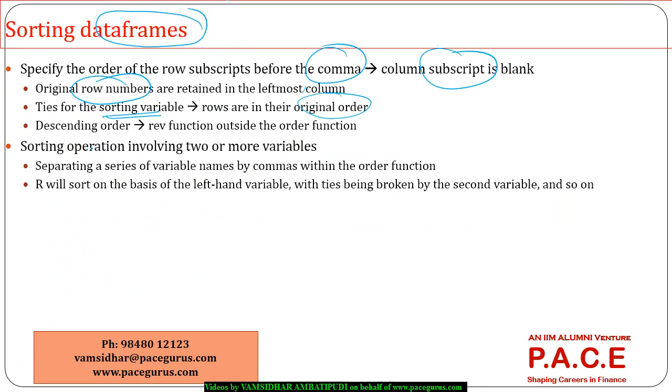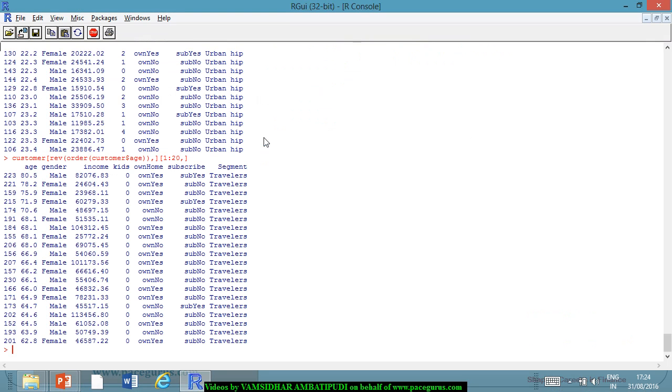And in some cases, I want to do the sorting not just on one variable, but on two variables. Let's say I want to sort it by age, and wherever there is a tie, I want to break the tie based on income.